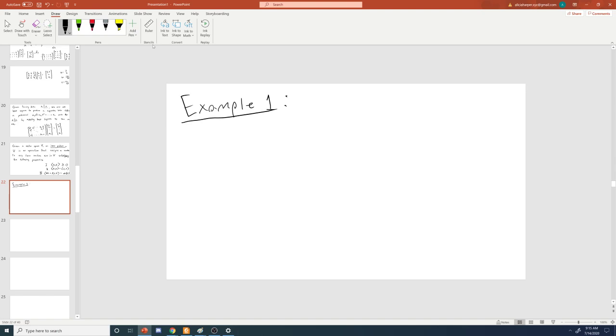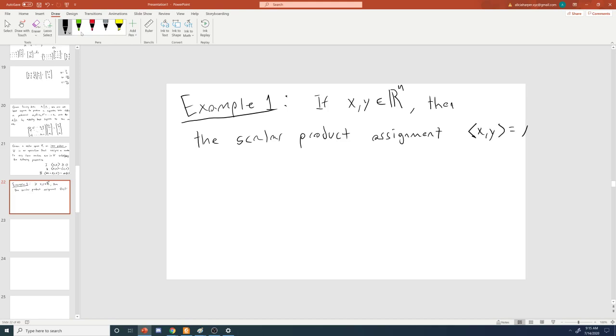If x and y are in Rn, then the scalar product assignment, x transpose times y, is an inner product.